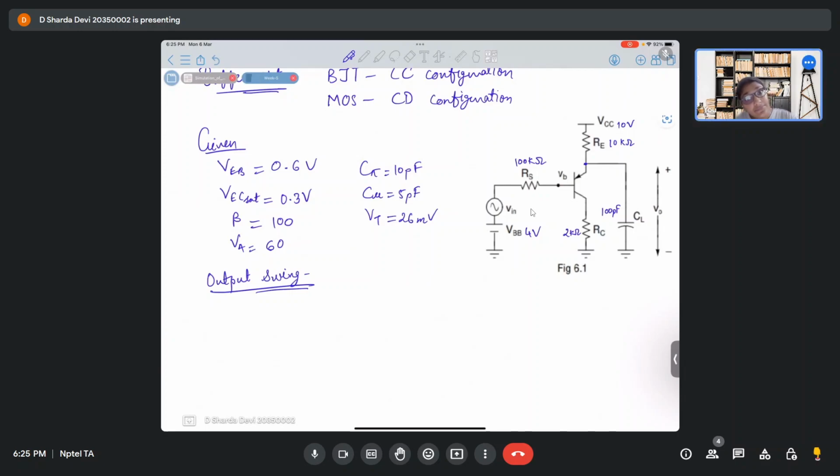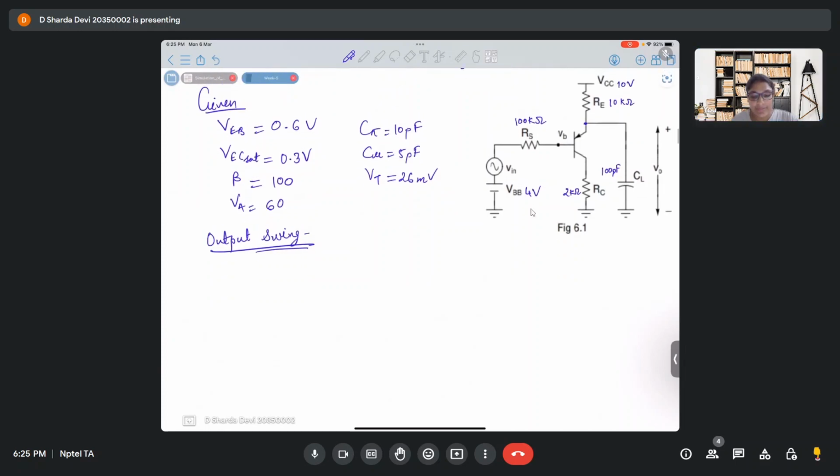The minimum value between VE and minus VEC saturation. Okay, that is what you are saying mathematically. But what is actually the sense behind output swing? Why do we discuss output swing?